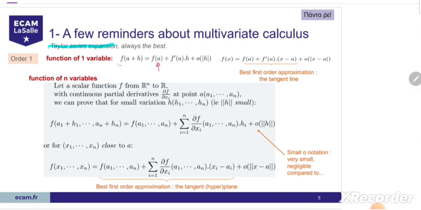We can get an approximate value of f at point a plus h, where h is a small positive or negative value.